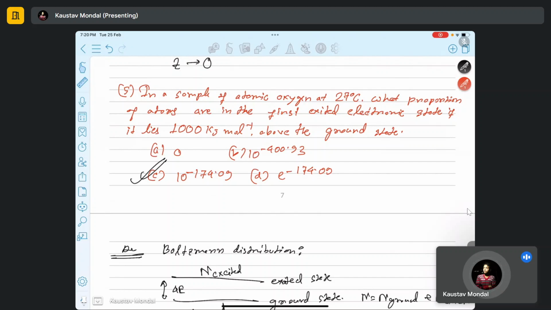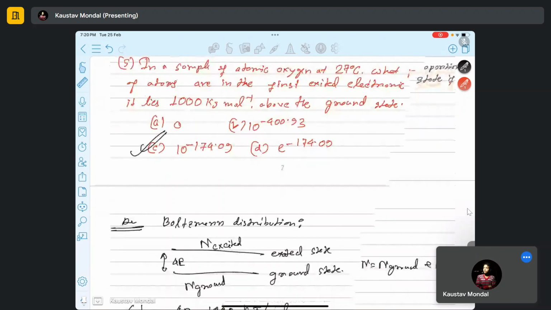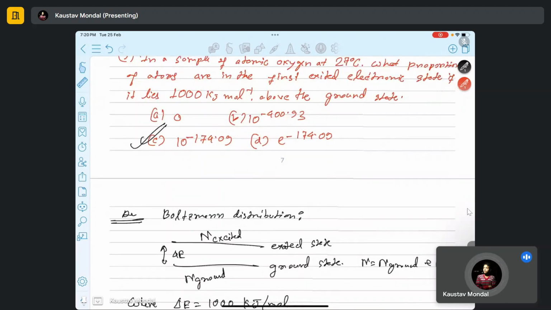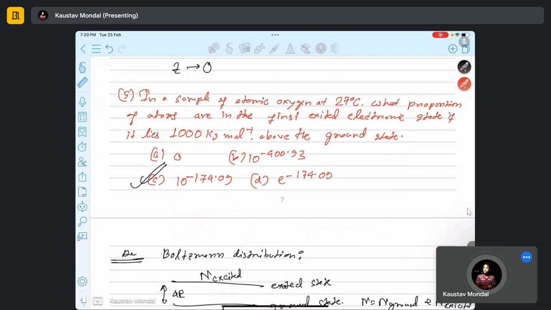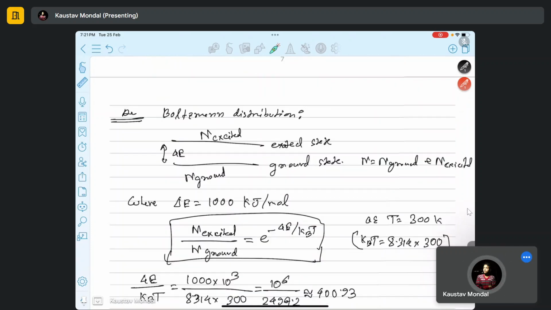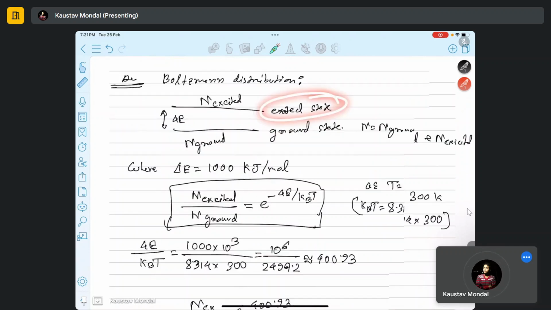So all of you understood. Basically, in an oxygen atom there are two energy states. One is the ground state and one is the excited state. The excited state is 1000 kilojoule per mole above the ground state, and at 77 degrees centigrade temperature you have to find the fraction of particles that are in the excited state. How can we do that?